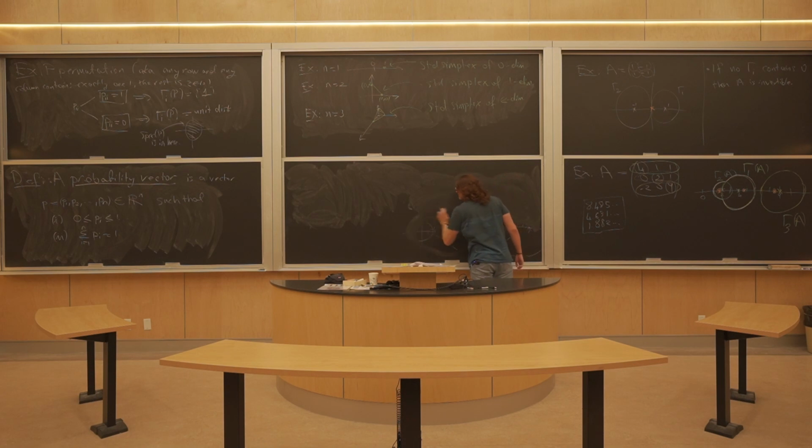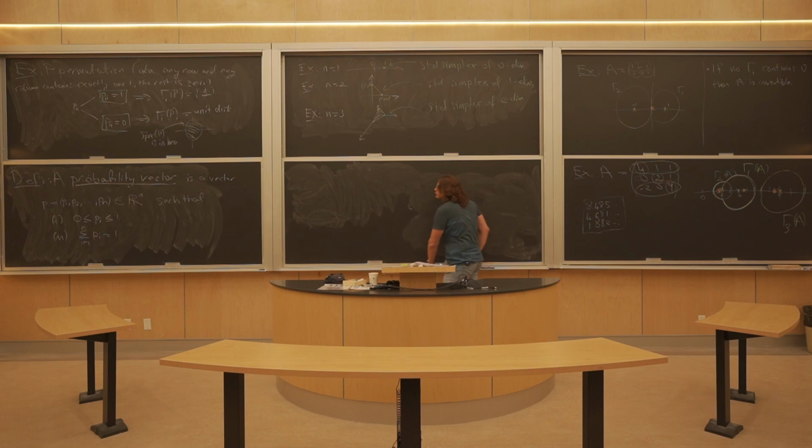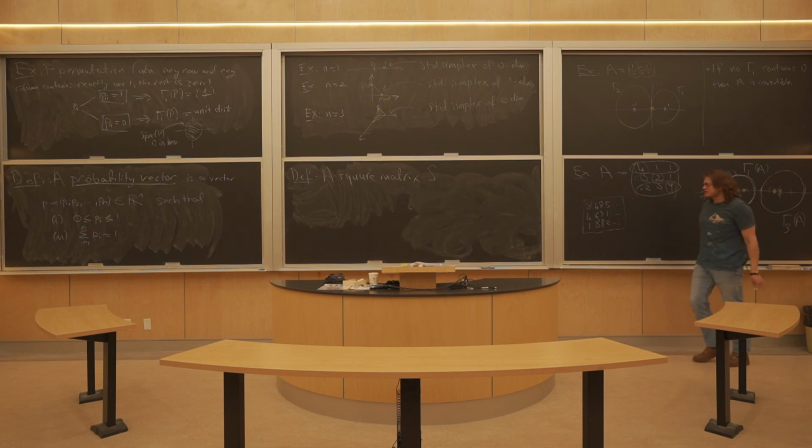Whenever you have a matrix like that, you call it a column stochastic matrix. So here's another definition. A square matrix S, for stochastic, is called stochastic, which means just random.